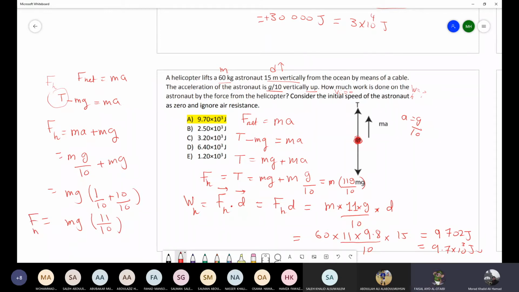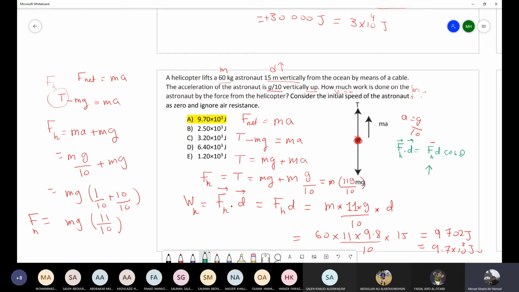Clear? Clear. And why did you not write the cosine, because the angle between them is zero. Here F dot D is equal to F D cosine theta, but the direction of F, or the tension, is up.